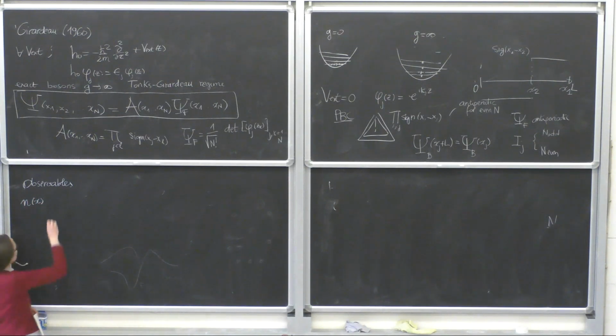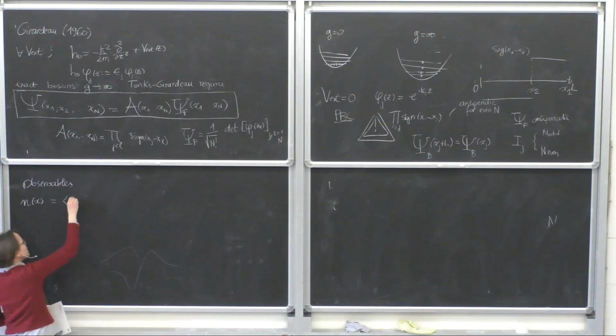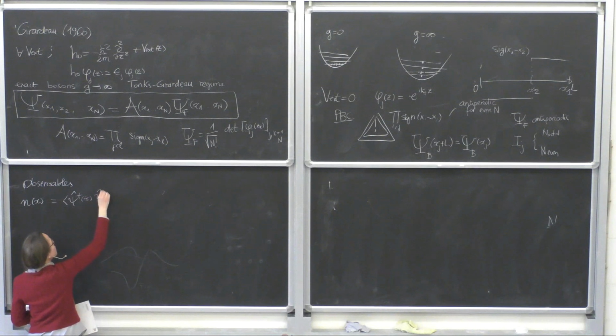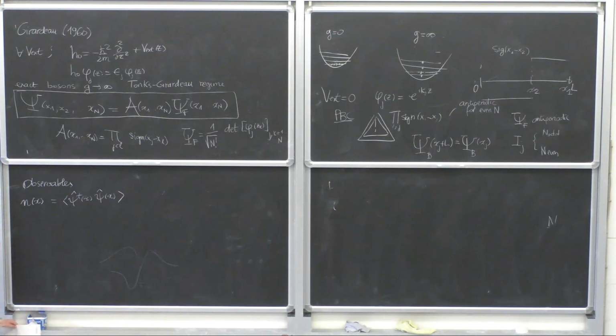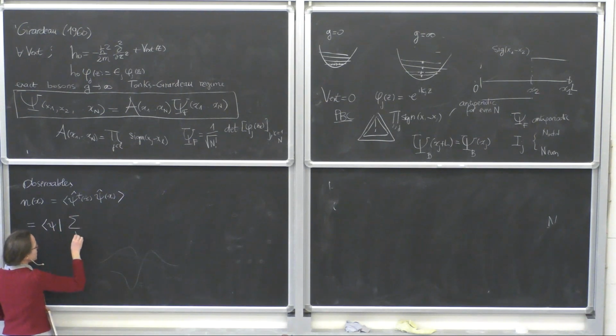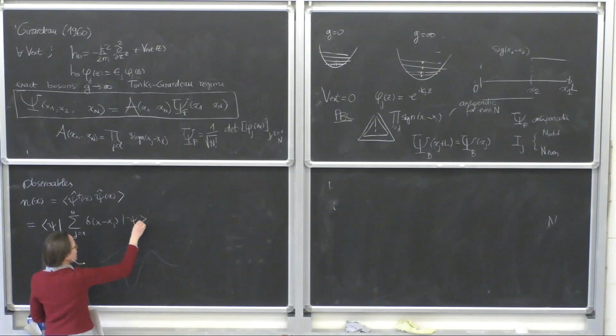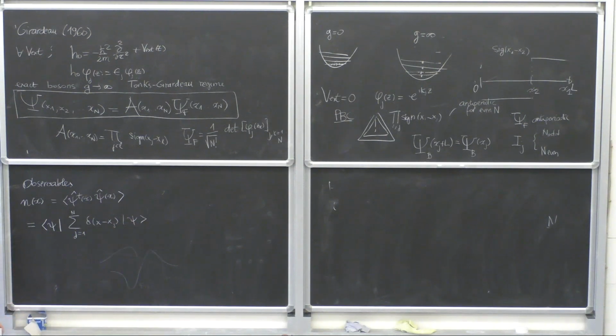This density profile, which in second quantization is defined as the psi-dagger operator, psi, I put the hat not to mix with the wave function, and which in first quantization is the expectation value of the density operator, which is defined as sum over j particles, delta of x minus xj.